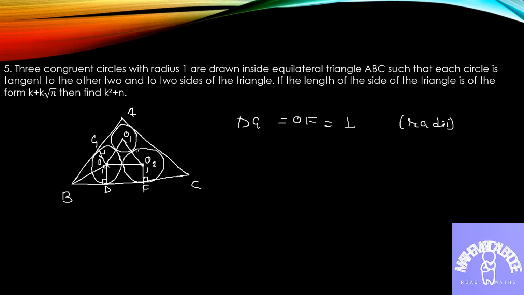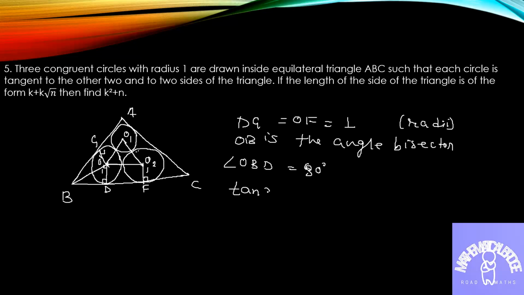Now OB is the angle bisector by property, because this point is equidistant from both these sides, right? We already discussed this property. So from here you can see angle OBD is 30 degrees.